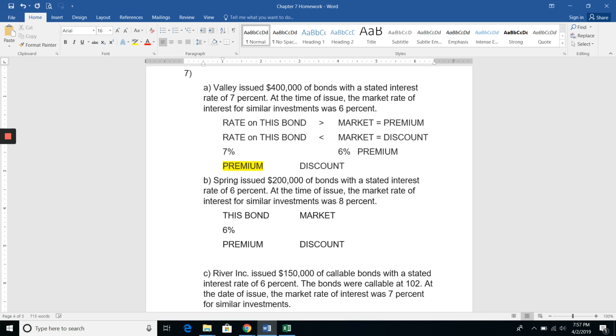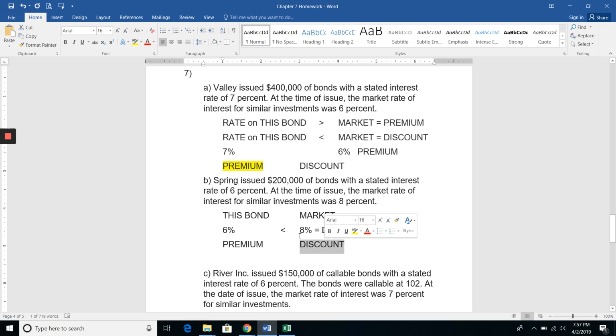And the market is 8% for similar bonds. So that means that the market is more. That means that we're going to have to offer a discount to try and entice people to buy our bond, which is not paying as much interest.